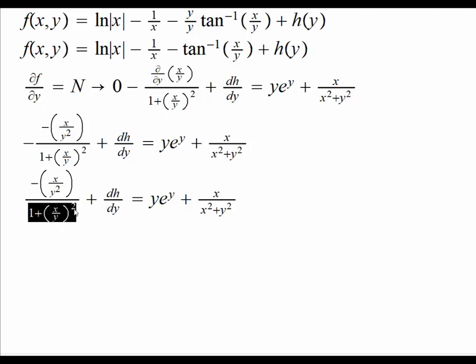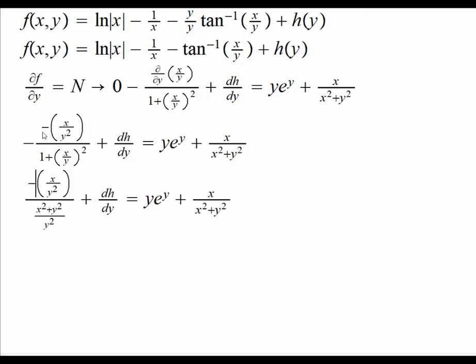This is x squared plus y squared over y squared. And again, this negative, they became positive, so that's what we got. Now this y squared and this y squared will cancel, right? So what do I get then?